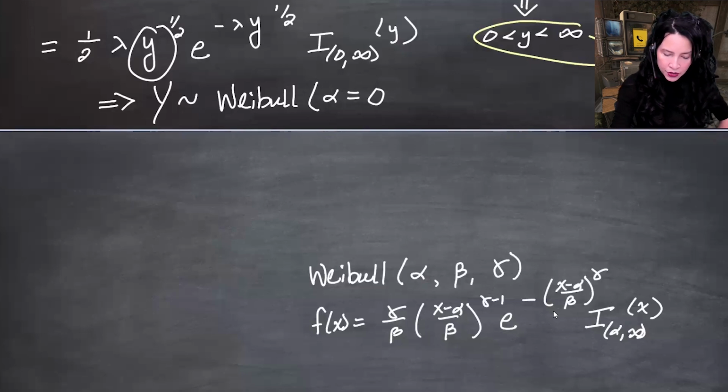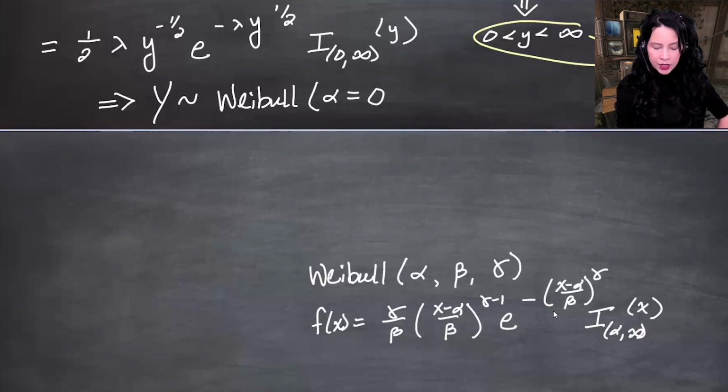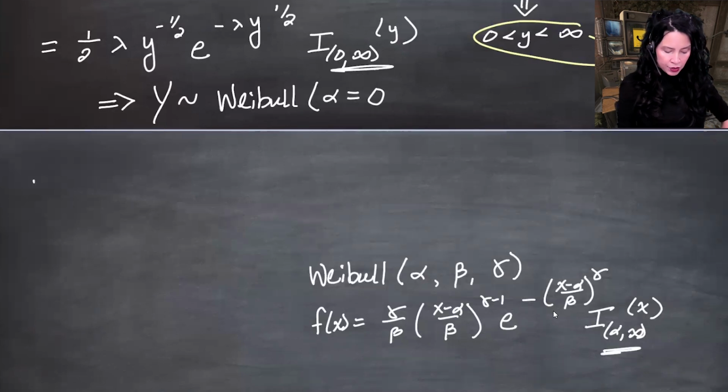And it will also take care of our indicator, because our indicator goes from 0 to infinity, and if I plug alpha equals 0 into the Weibull, we're going from 0 to infinity. So that looks good. As for the rest, we need to massage it into the right form. I'm going to look at the exponent on the e in our PDF for y. So this is minus lambda y to the 1/2.